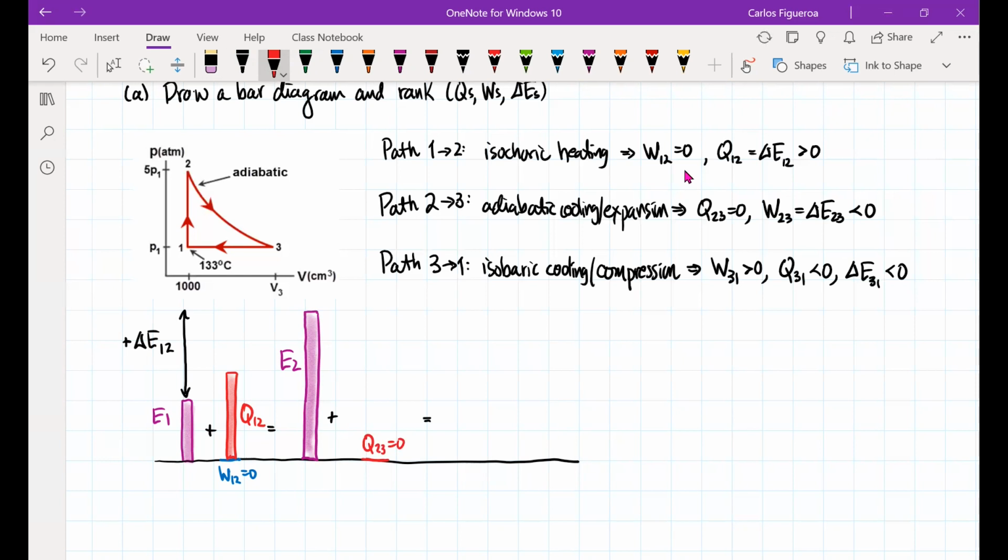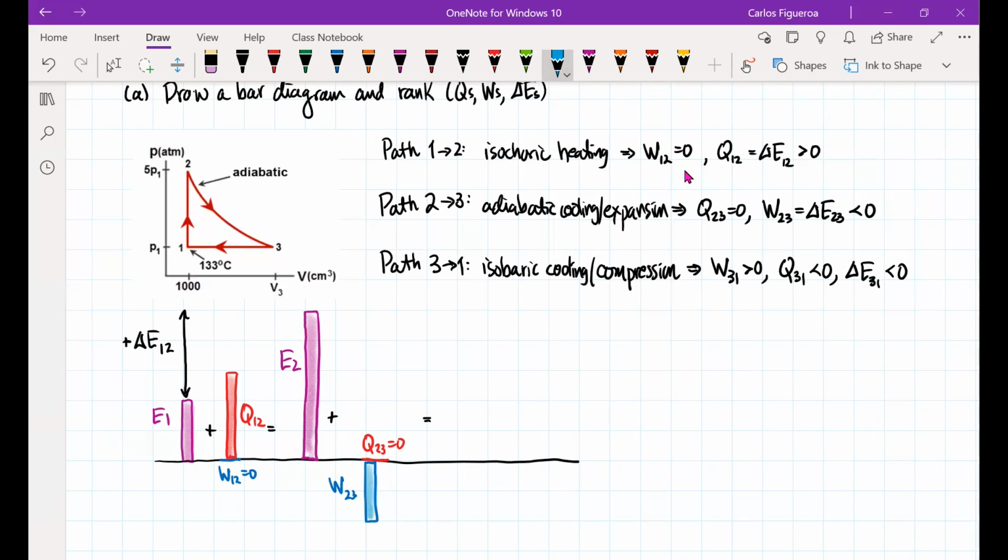Now, what I want you to pay attention to is the area under the curve between 2 and 3, and compare it to the area between 3 and 1. So my bar size has to be bigger between 2 and 3 than 3 and 1. So I'm going to say that this is 2 squares to represent the work between 2 and 3. Note that it has to be negative because it's an expansion.